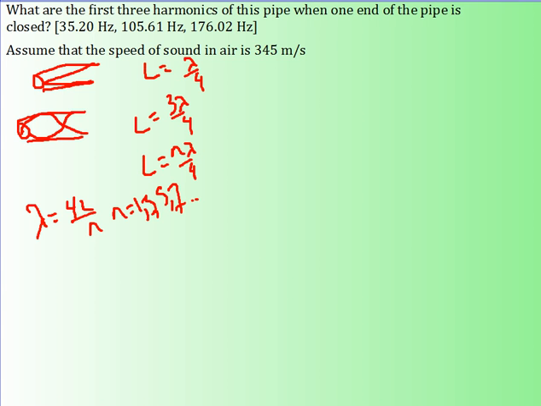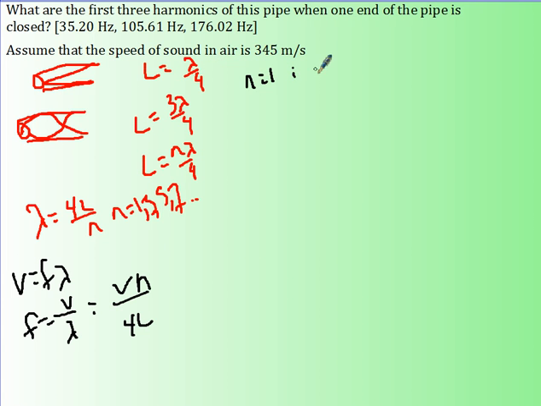Now remember, V is F lambda. So F is V over lambda. So it's V divided by 4L times N. So the first three, for N equal 1, F1 is V times 1 divided by 4L.